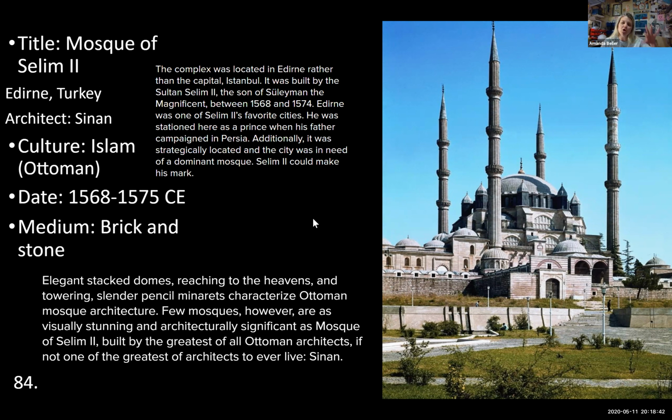And remember, there was already a huge mosque in Constantinople, or Istanbul, so it wouldn't have made any sense to build there. And so he had Sinan, the great architect, build this structure to resemble but surpass the Hagia Sophia in the town where he had done some scholarly training as a young man.